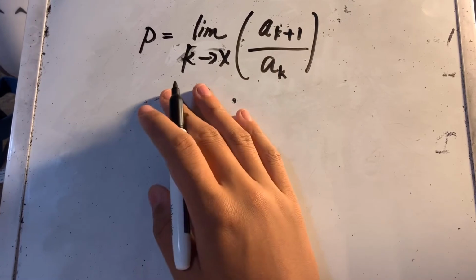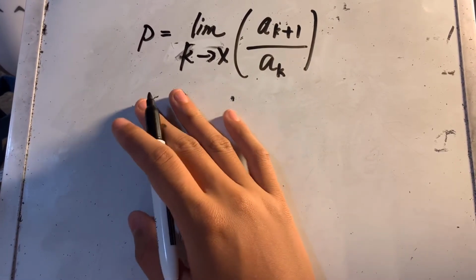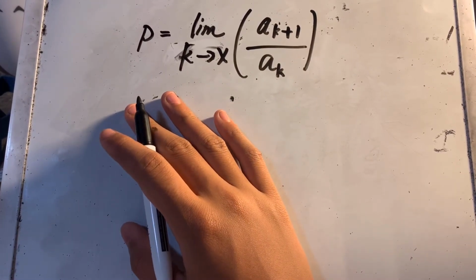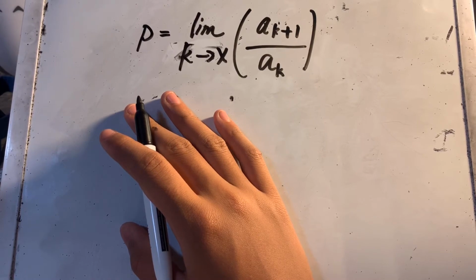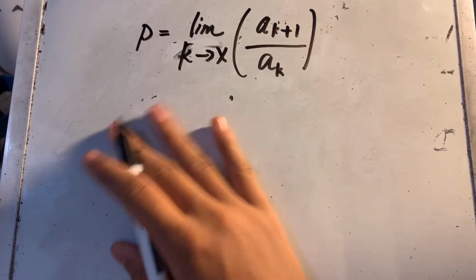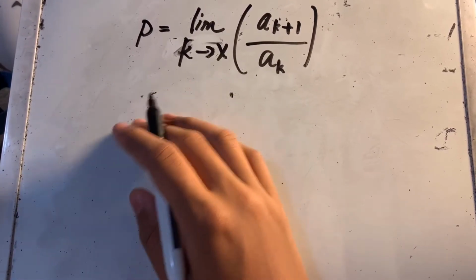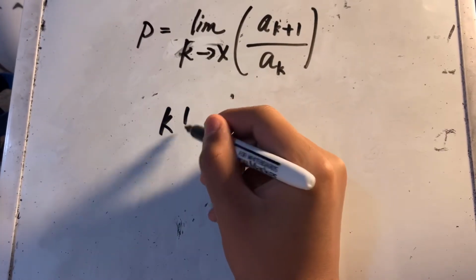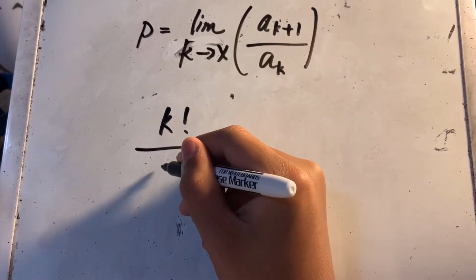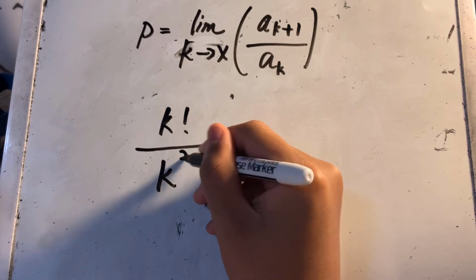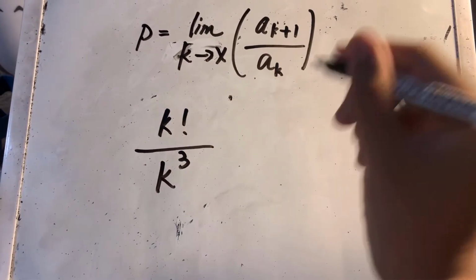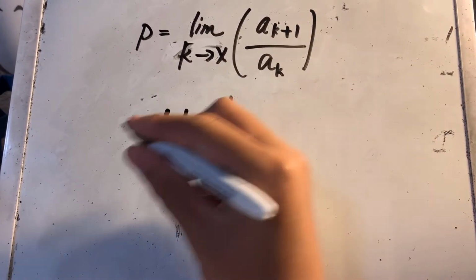Okay, so let's give an example about k factorial. Let's use the ratio test to solve it.